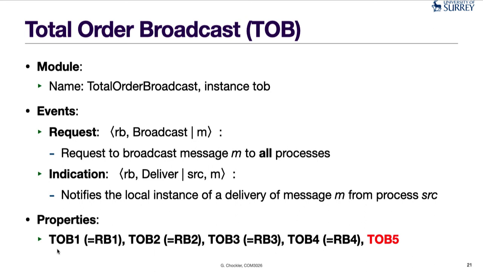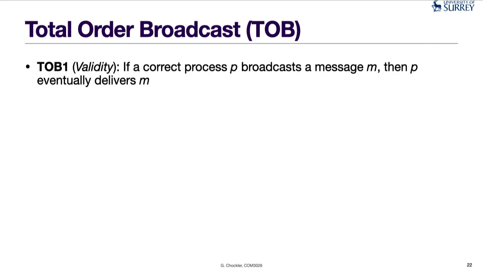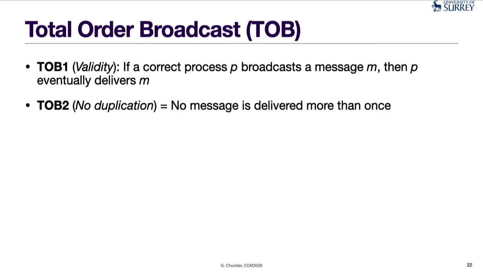The properties of total order broadcast are as follows, from TOB1 to TOB5. They are listed on this slide here. The first property is validity, and it is exactly the same as the validity property of reliable broadcast. So if a correct process P broadcasts a message, then P itself eventually delivers this message.